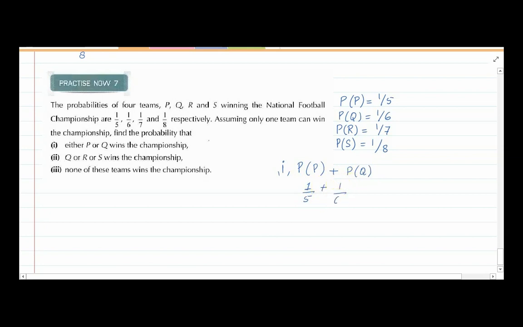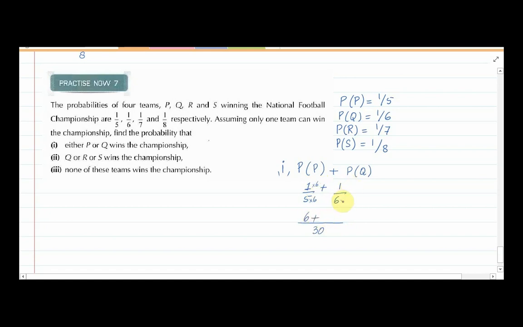Now you need to find the LCM of 5 and 6. So LCM of 5 and 6 is 30. That means you need to multiply 5 by 6. So it will be 1 multiplied by 6, that is 6, plus 6 by 5.